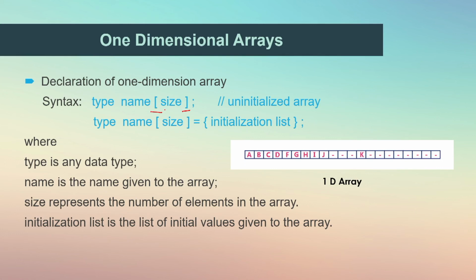The size inside the brackets denotes the maximum number of elements we can store using the array with the defined name. So, I declare the data type, the array name we want to go for, and the size of the array. This statement is called the declaration of the array.